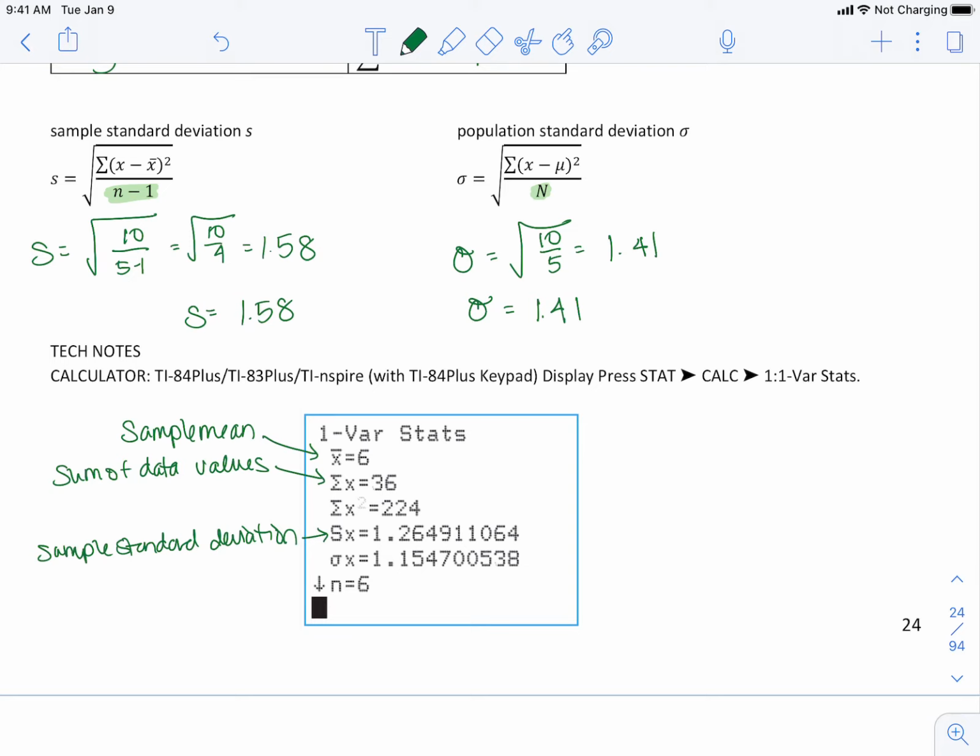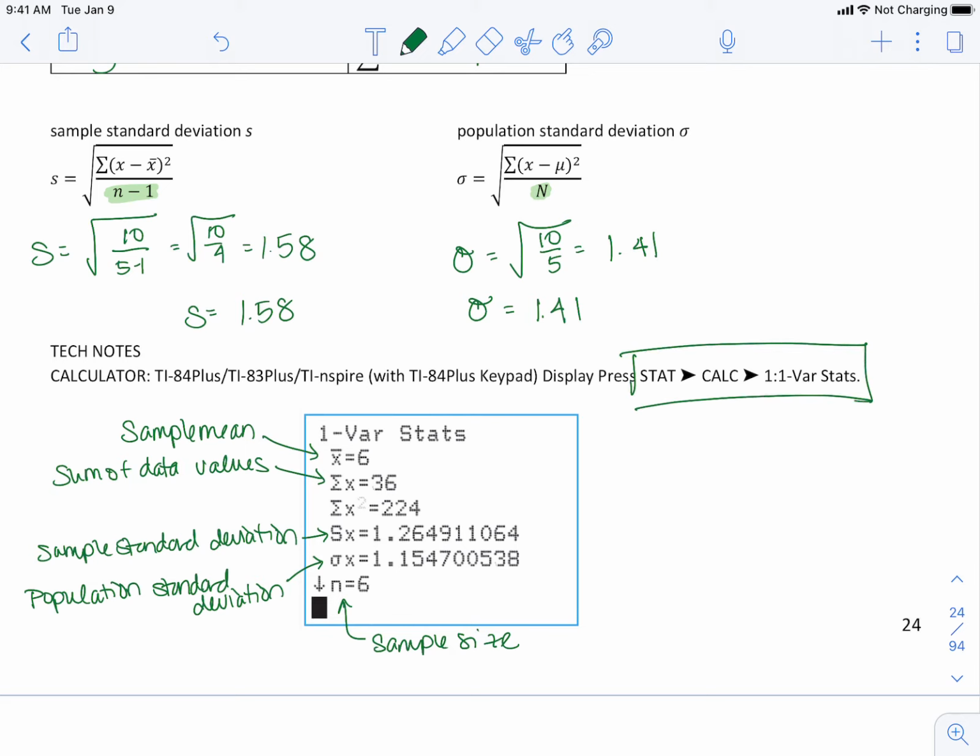And then sigma X is the population standard deviation. Here we see N, if you recall, is the sample size. And again, I'll highlight, once you have your data in a list, then you can hit stat calc, one variable statistics.